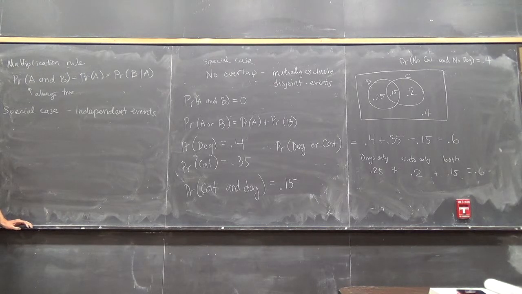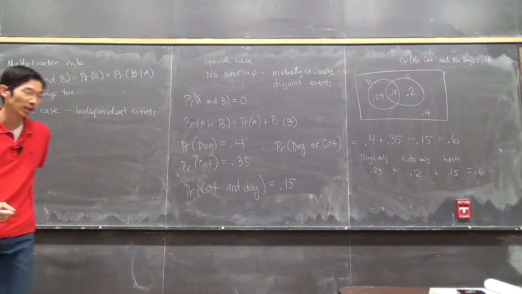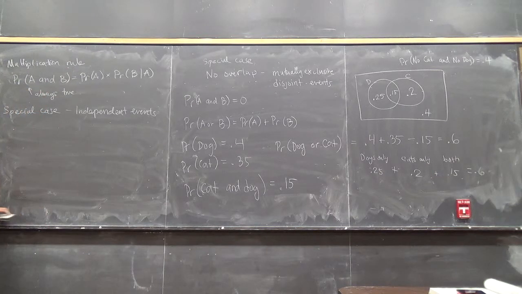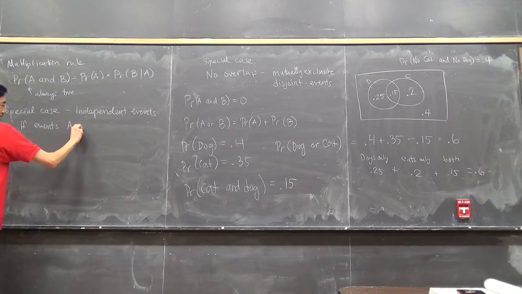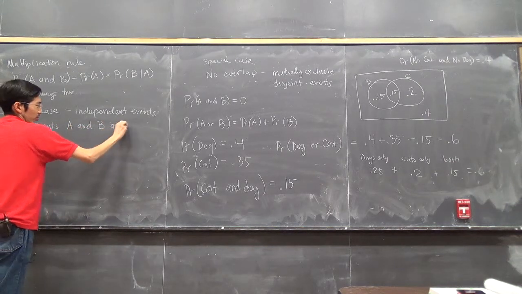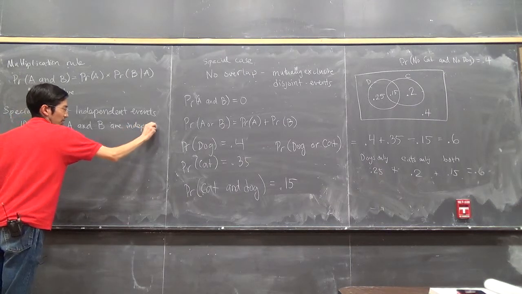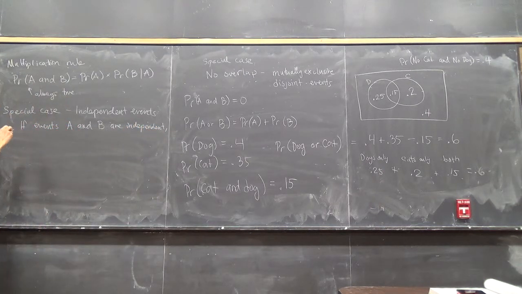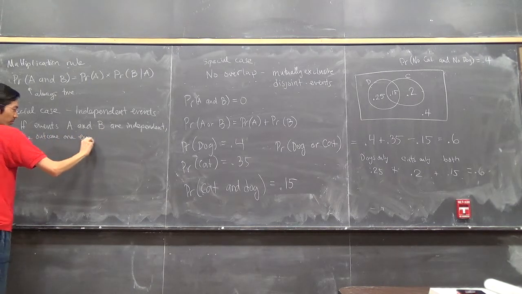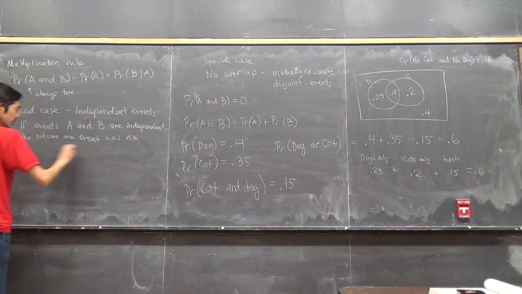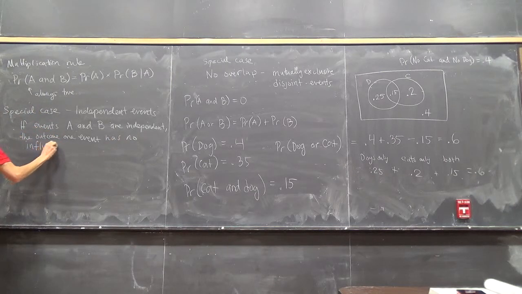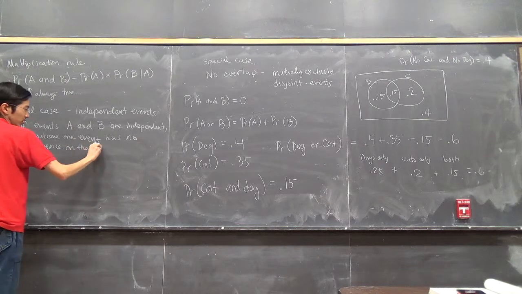The outcome of event B has no influence on the outcome of event A. So, if events A and B are independent, the outcome of one event has no influence on the outcome of the other event.